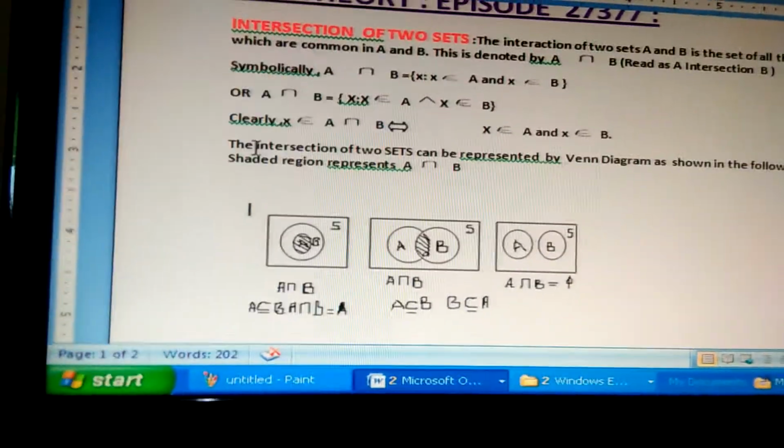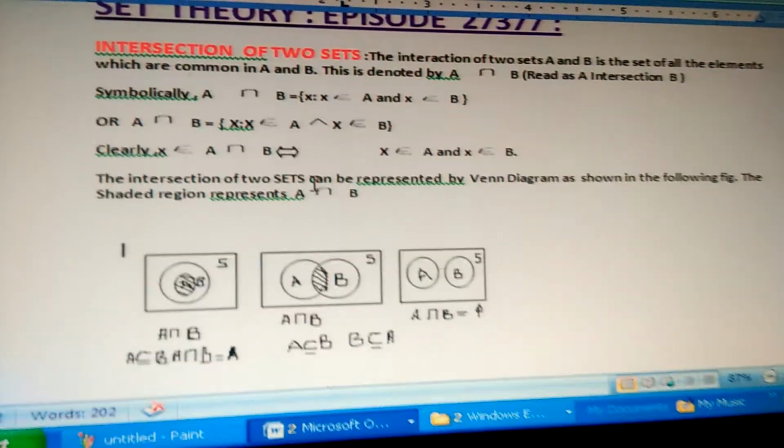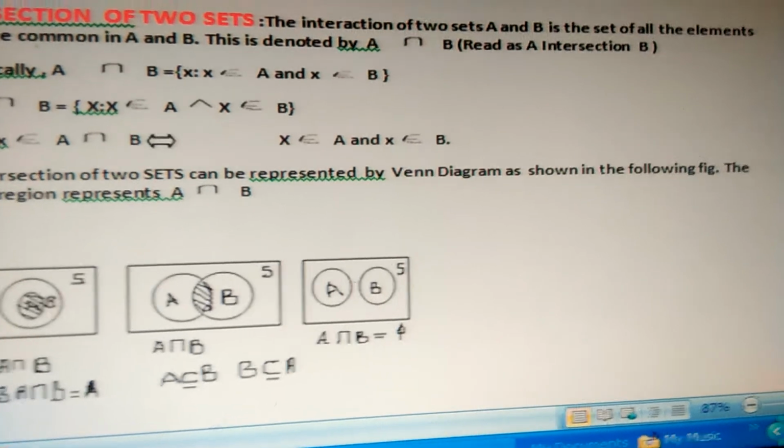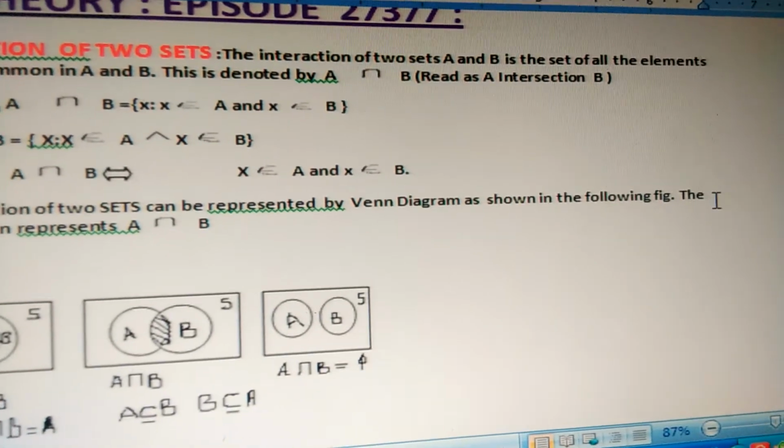The intersection of two sets can be represented by a Venn diagram as shown in the following figure.